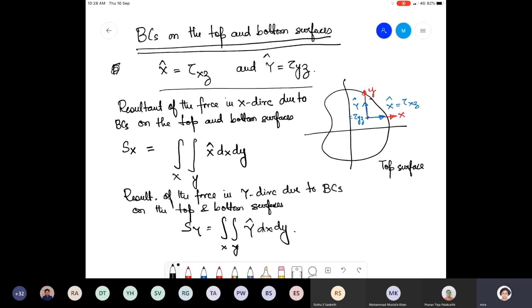Do you all agree with this? That the resultant of the boundary condition forces on the top and bottom surfaces in x and y direction are given by this expression.